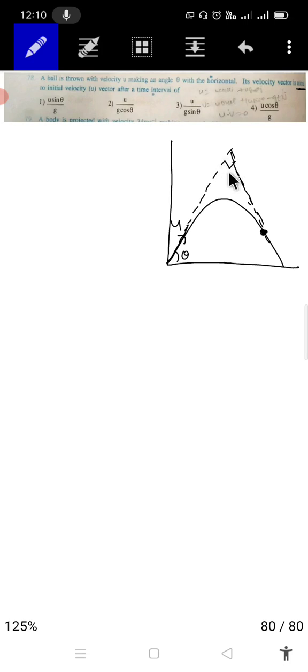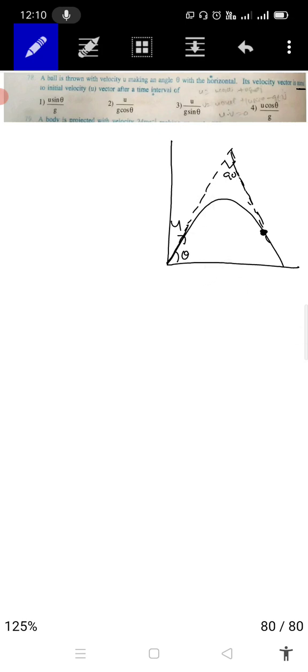Here, these two are making an angle of 90 degrees at this point. At any point, the initial velocity vector and the final vector make an angle of 90. Normal means 90, so these two are normal to each other.